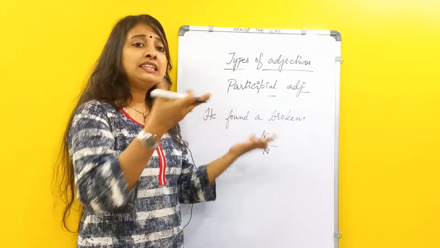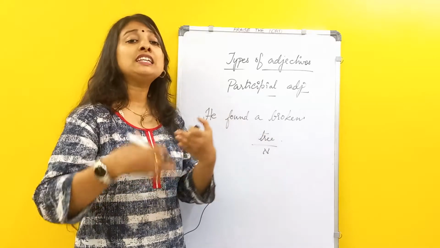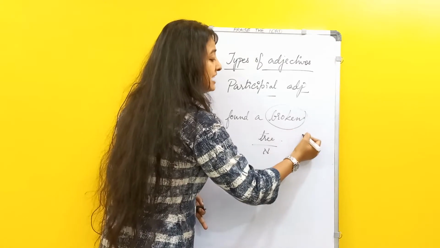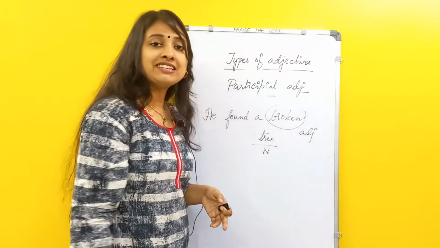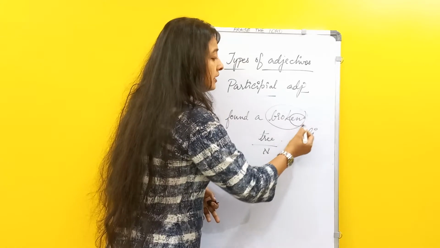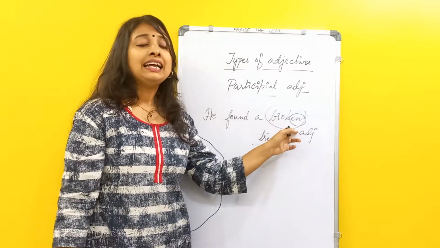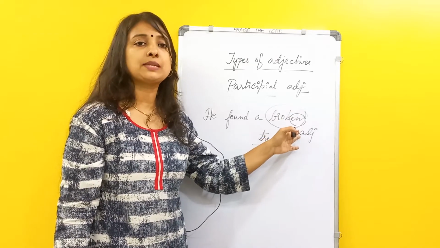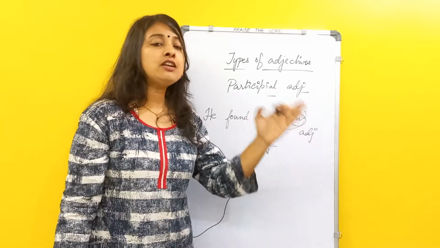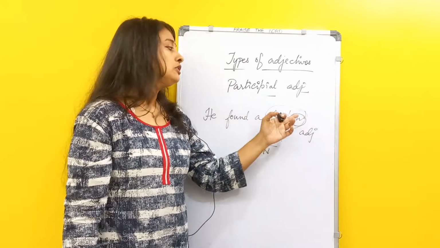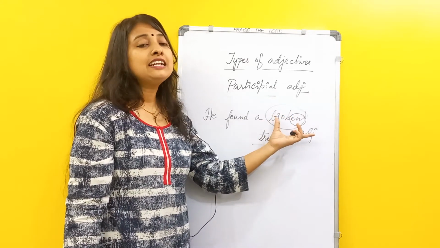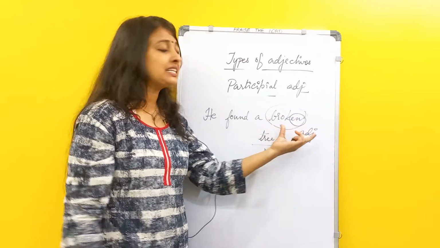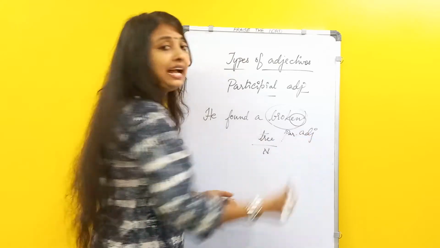The tree is being described with the help of the word broken, so broken becomes an adjective. Which type? It is using a participle, a past participle. Whenever a word ends with ed or n like this, it is a participle. When it is used as an adjective, it is called a participle adjective.